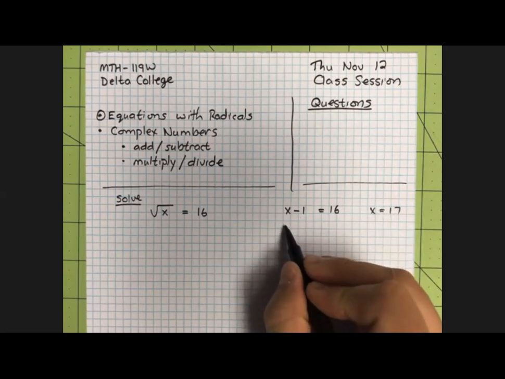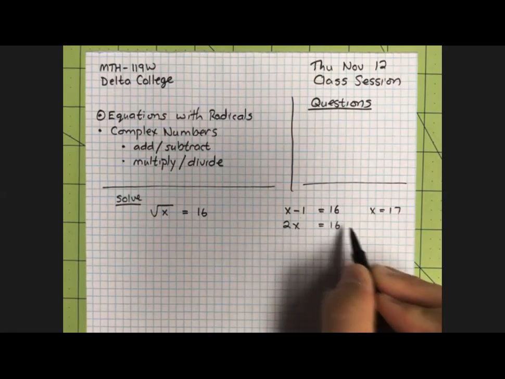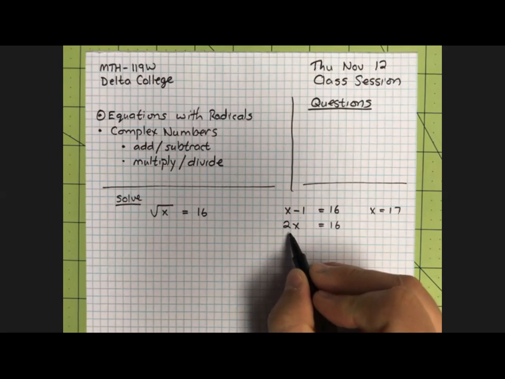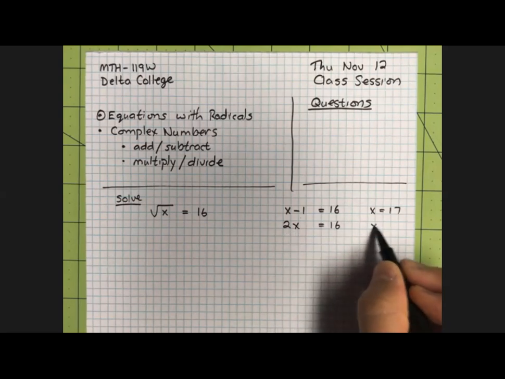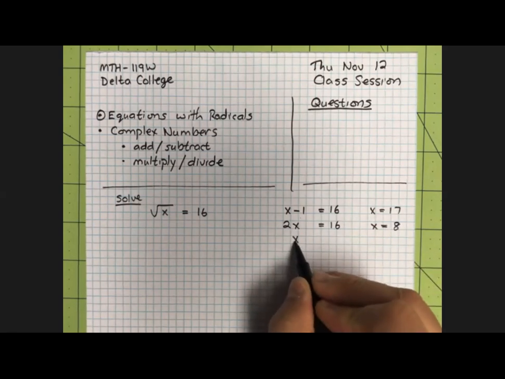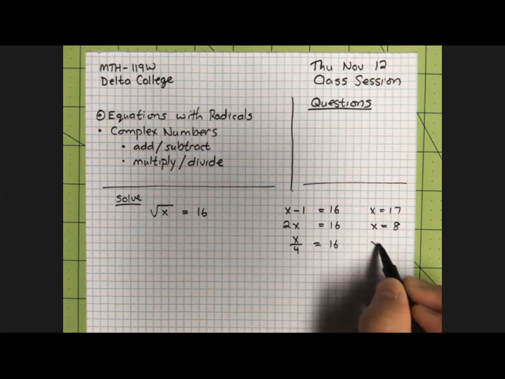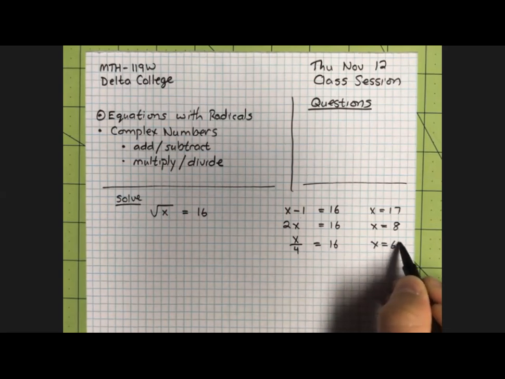If I said 2 times x is 16, you'd say, okay, I'll get rid of that 2 by dividing. X is 8. If I said x over 4 is 16, you'd say, okay, I'll get rid of that dividing by 4 by multiplying by 4. X is 64.